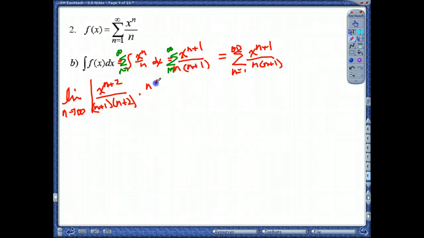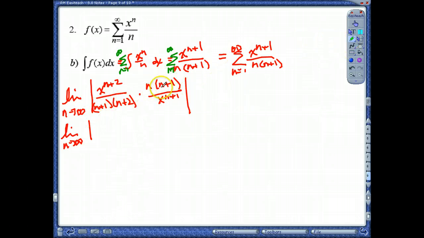And then we have our n plus 1 over x to the n plus 1. So for the n plus 1 term, you're literally putting n plus 1 in for all of your n's. Okay, so when I simplify that all out, really there's not a lot that cancels. The only thing that will cancel is my n plus 1's.